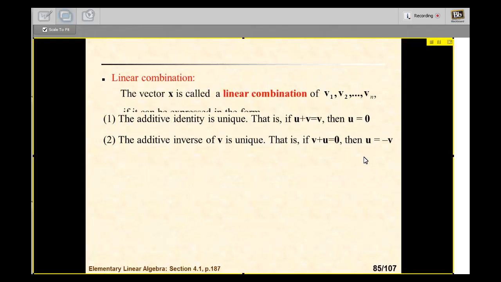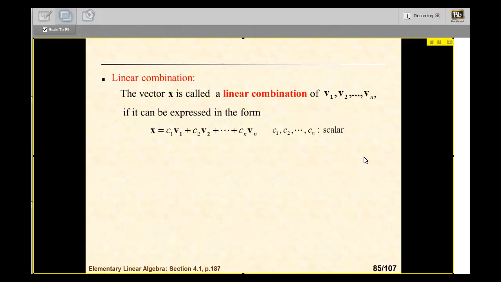Properties of additive identity, linear combination. So this is the linear combination that I told you. The linear combination can be written as x is equal to c1 v1 plus c2 v2 plus up to cn vn. So this is called the linear combination. We use this linear combination to prove linear dependence and independence.